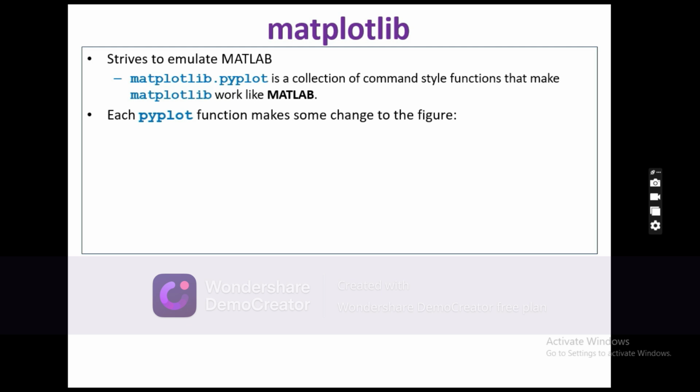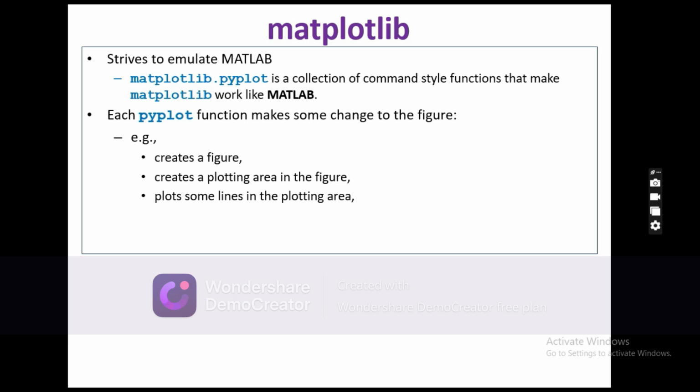Each pyplot function makes some change to a figure. We can create a figure, create a plotting area in the figure, plot some lines in the plotting area, and decorate the plot with labels.